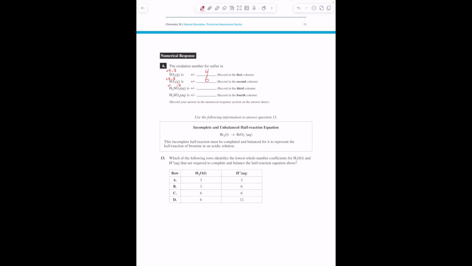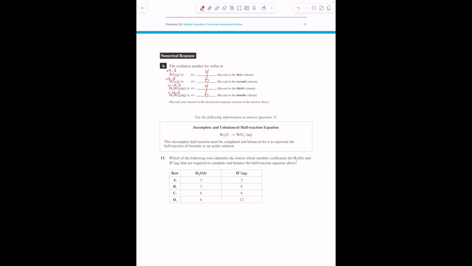So this has to be a plus 4. And then I got minus 2. That's minus 8. Plus 1. Dang it. Plus 1. So this is going to have to be plus 6. So 4, 6, 4, 6.